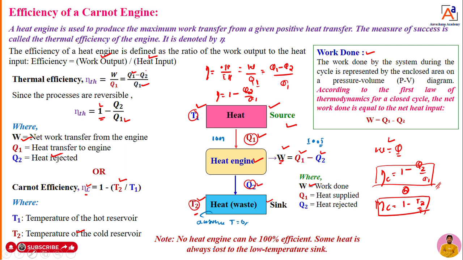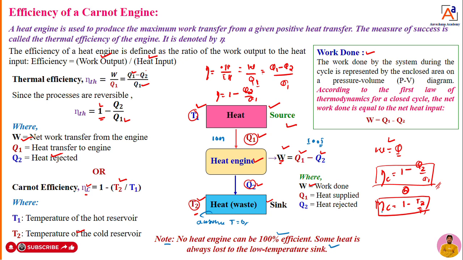It's a benchmark, but practically it is not possible. Hence we can note that no heat engine can be 100% efficient. He calculated that the engine is 100% efficient, but some heat is always lost to the low temperature sink. Practically, heat engines are going to reject heat. So this is the efficiency of the Carnot engine.